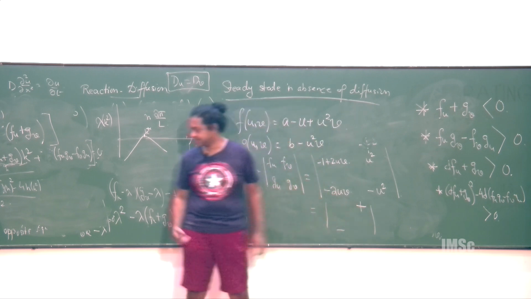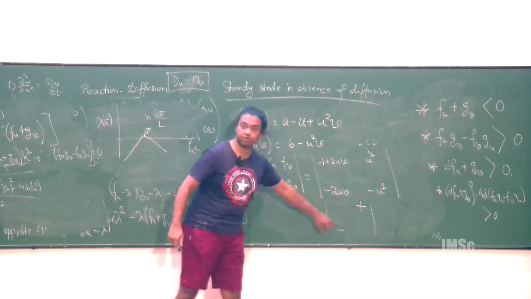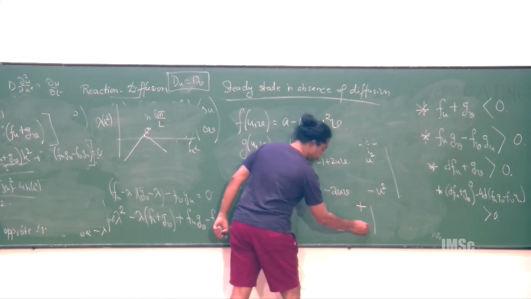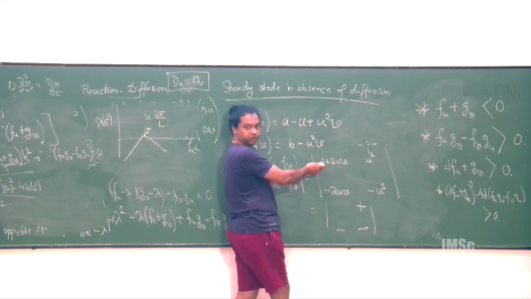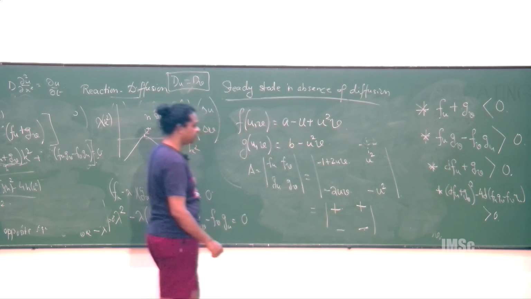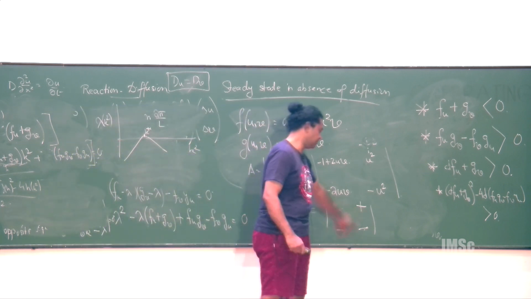That is good because we said that Fv and Gu must have opposite signs, and it does indeed have opposite signs. Here, this is a negative, this is a negative, and this thing is positive as long as the product uv is greater than 1. So this is the network structure that I have: a plus plus, a minus minus.